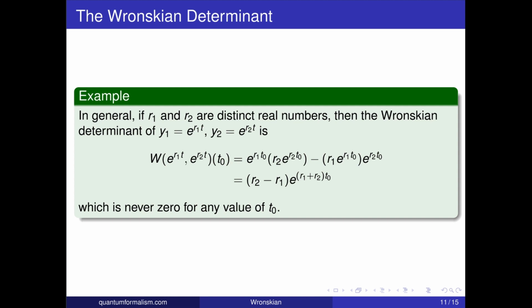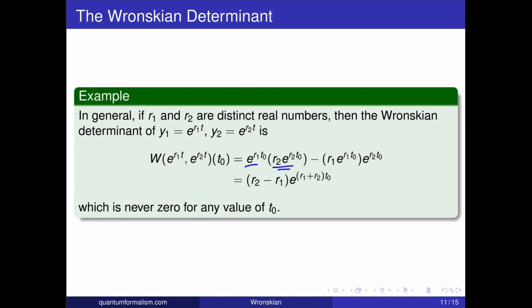So if R1 and R2 are distinct real numbers, then the Wronskian determinant of e to the R1t and e to the R2t, well, that'll be the following. So here we leave the first function alone, take the derivative of the second function. So that'll be R2 e to the R2 t0 will be the derivative of the second one.